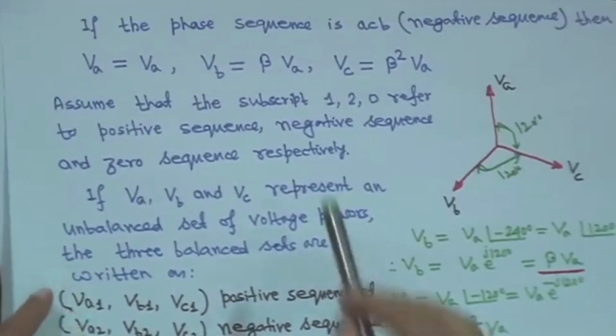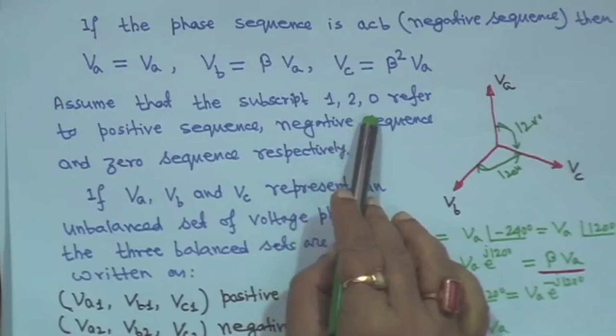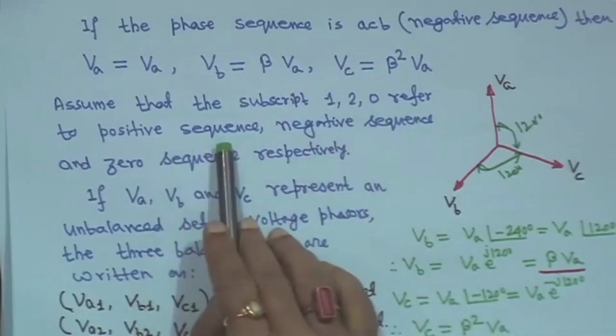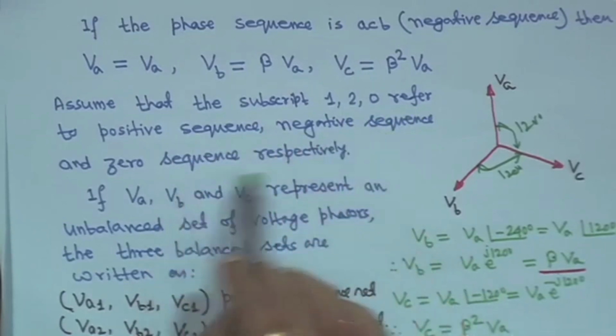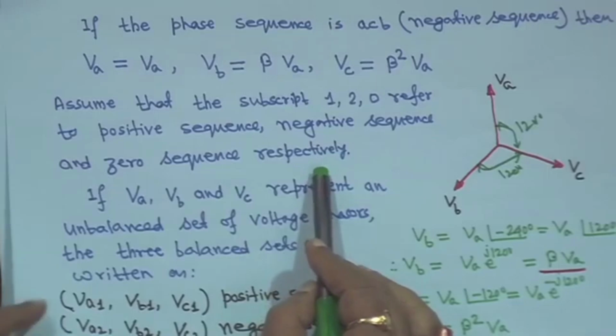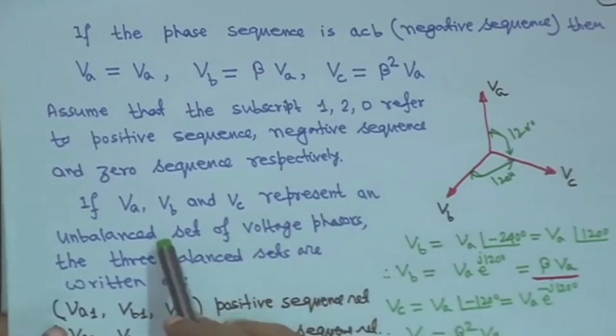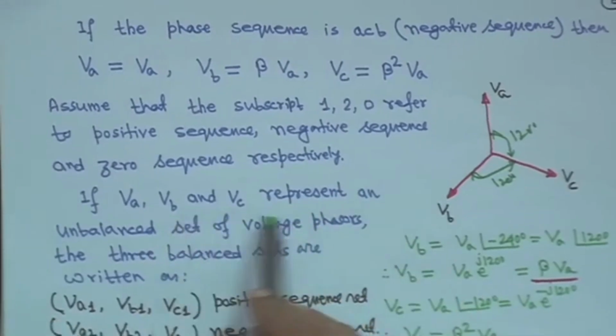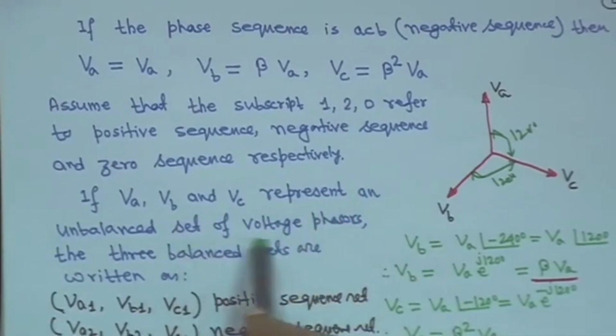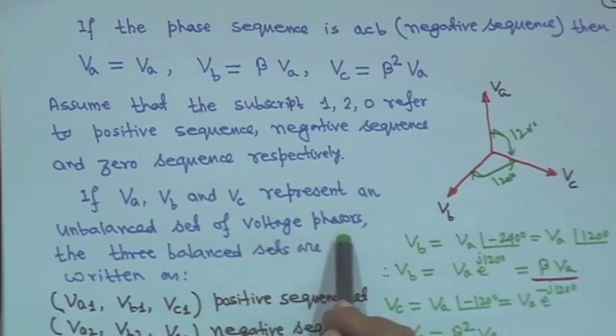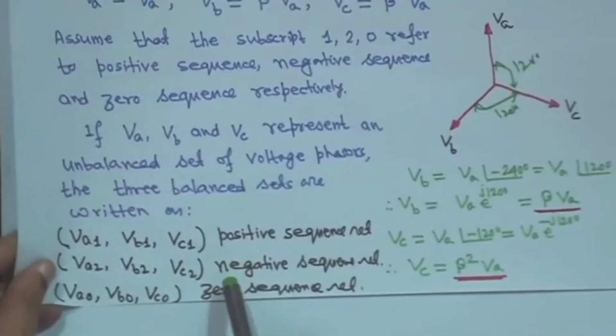We will now assume that subscripts 1, 2 and 0 refer to positive sequence, negative sequence and zero sequence respectively. This is a convention that everyone follows. If Va, Vb and Vc represent an unbalanced set of voltage phasors, the three balanced sets are written as follows.